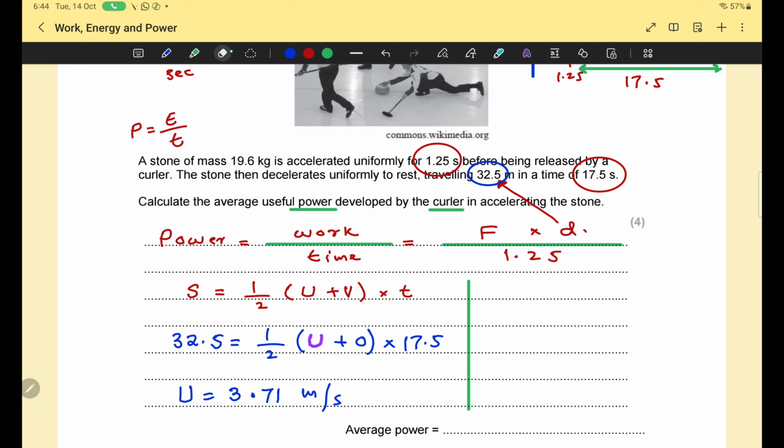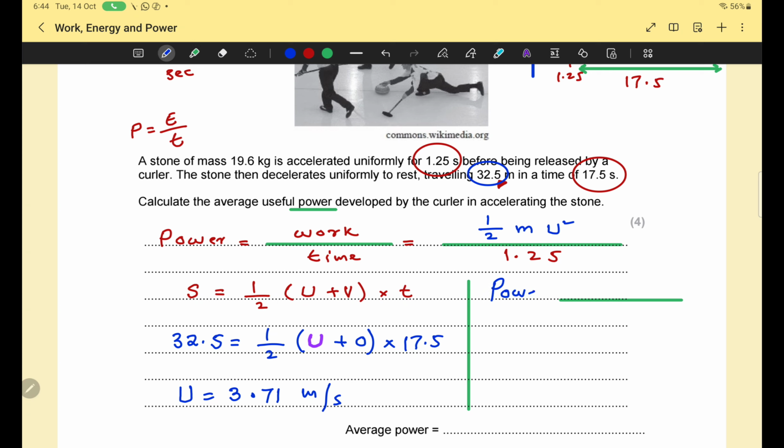Okay, and when you have calculated u, then I am using the equation of kinetic energy. Remember, work and energy have the same meaning. Now we have calculated the velocity, so now I can calculate power.